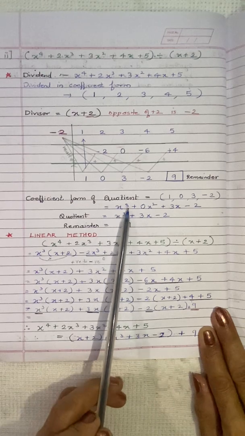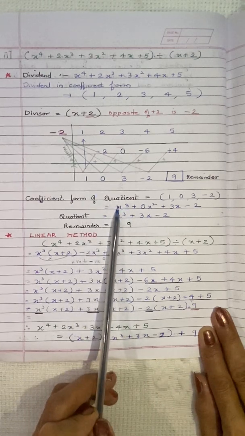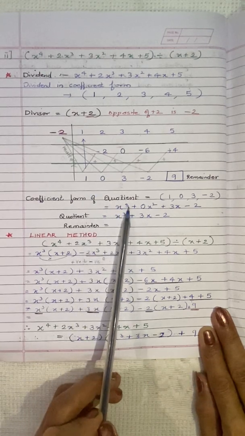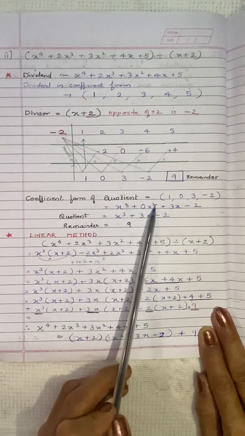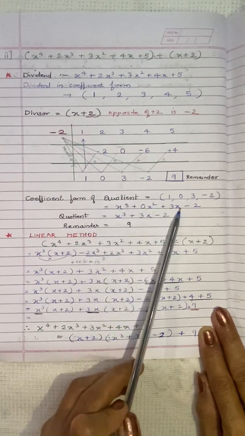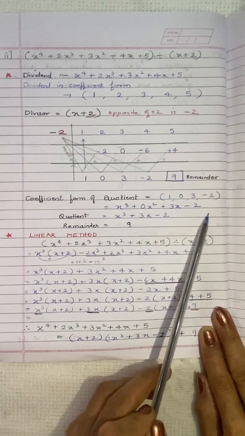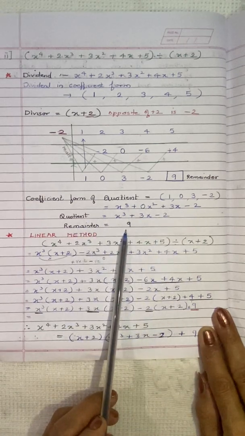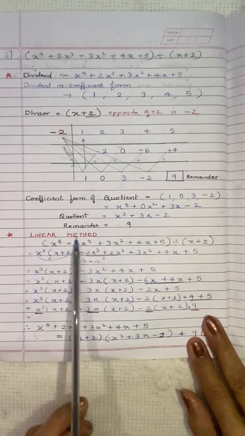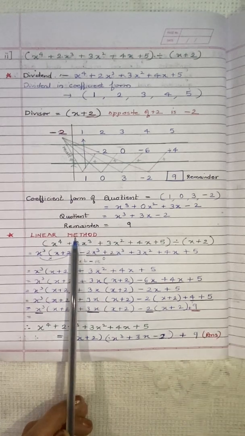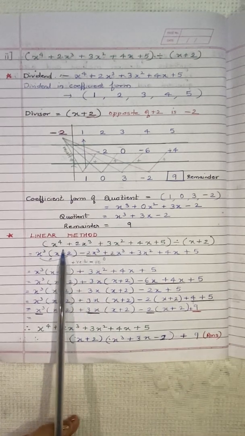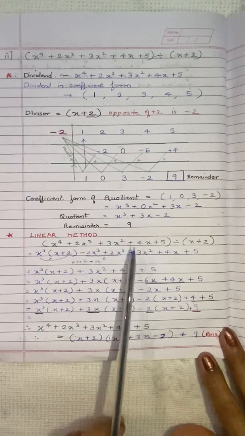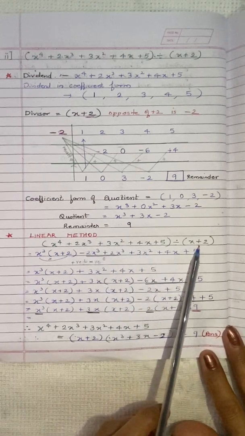So x cube, we need not write 1 if the coefficient is 1. So x cube plus 0x square plus 3x minus 2. So the remainder is 9. Now the same sum, we will do by the linear method. x raised to 4 plus 2x cube plus 3x square plus 4x plus 5 divided by x plus 2.